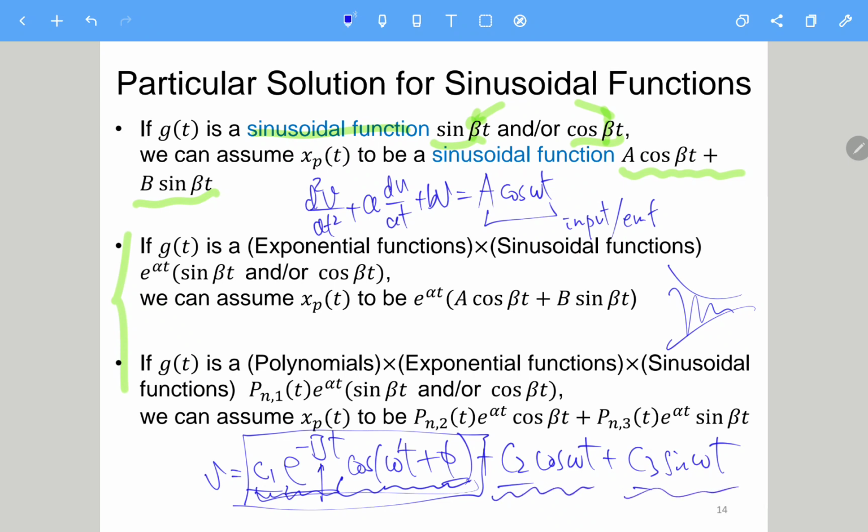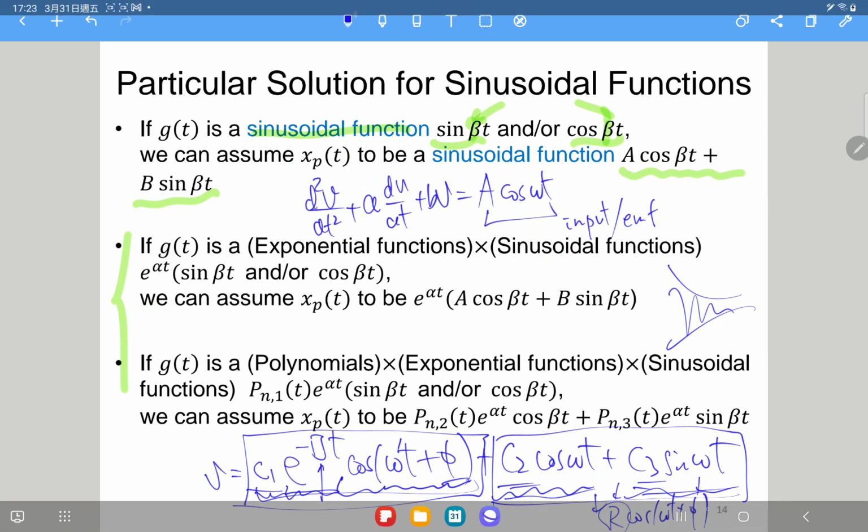It will run forever. So maybe we are more concerned about this particular solution. The phasor will give you a much quicker way to find this, or you can just change it to R cosine of omega t plus phi. We can quickly find R and phi.